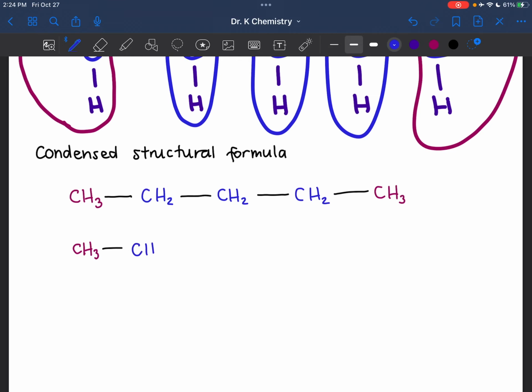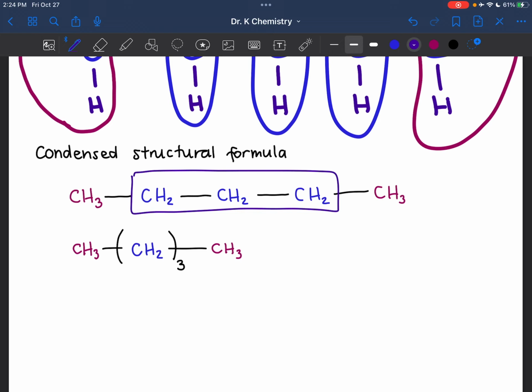So sometimes in the textbooks, you will see this written as CH3, and then in the parentheses, CH2, with a subscript 3, indicating that there are 3 CH2 units that connect to a CH3 at the end. So the 3 in the subscript here is indicating that there are 3 CH2 units in the previous structure. So that's an even more condensed version of a condensed structural formula.